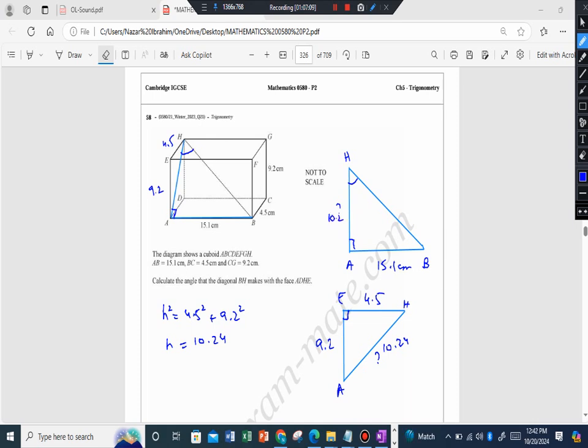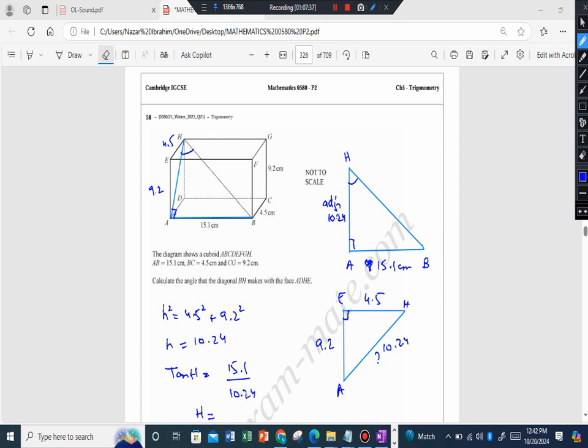Now I can apply the trigonometric ratio by seeing which ratio should be applied. Since we know the opposite of this angle and we know the adjacent, tangent will be the appropriate trigonometric ratio. So tan is equal to TOA, opposite 15.1 upon 10.24.